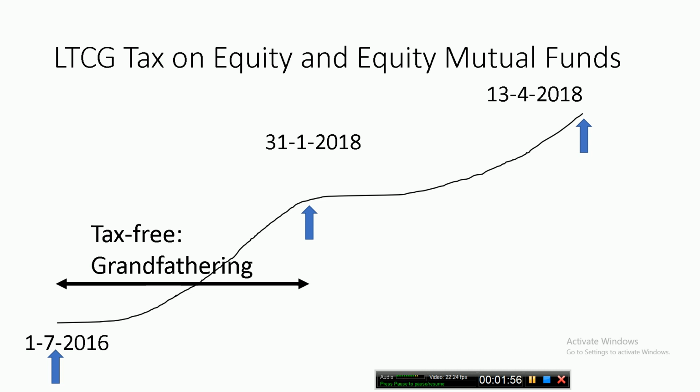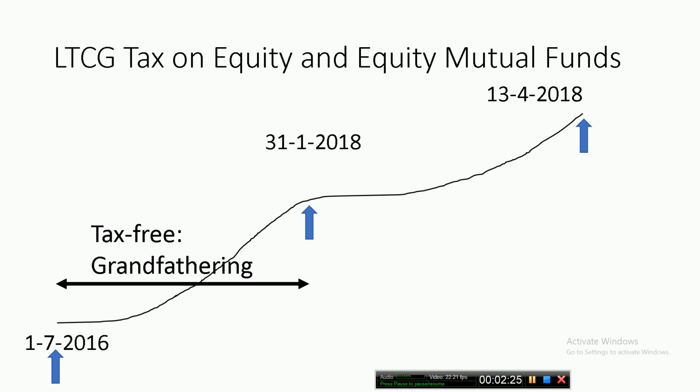That is, in the current financial year, we are applying a rule which was applicable in the previous financial year, where LTCG tax on equity was tax-free, and we are applying it for all gains made up to 31st January 2018. So the application of an old rule in the new financial year is known as grandfathering, and this profit between January 31st 2018 and 2016 is completely free of tax.